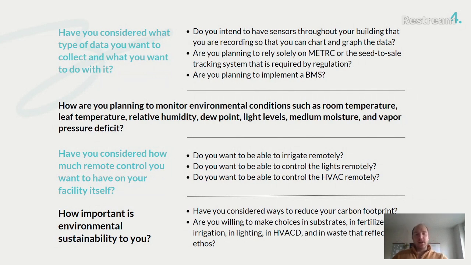And understand that if you really want to market your product as carbon sensitive or eco-friendly, there are going to be quite a few different choices that we need to make from an equipment standpoint, from all the different fertilizers and substrates, all of the components that are going to come in to creating this product. We're going to need to make decisions based on that ethos that is environmental sustainability.